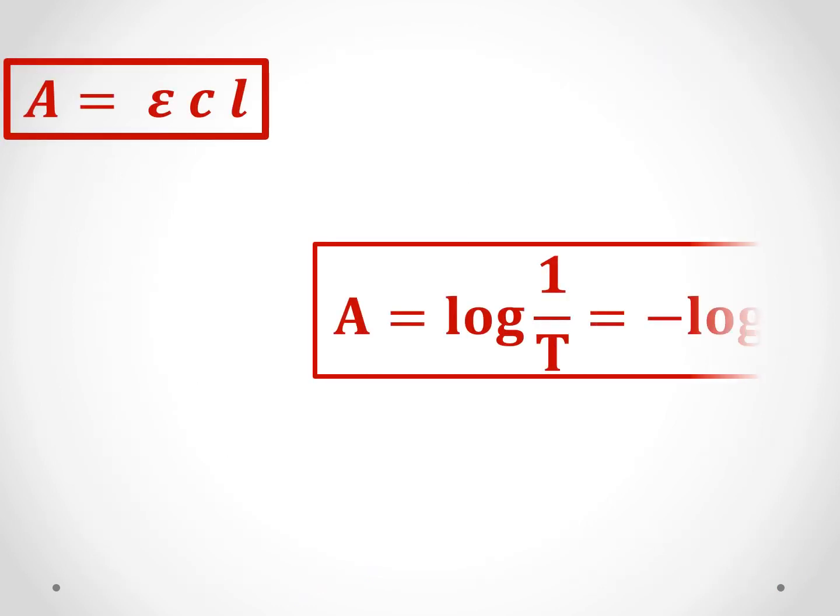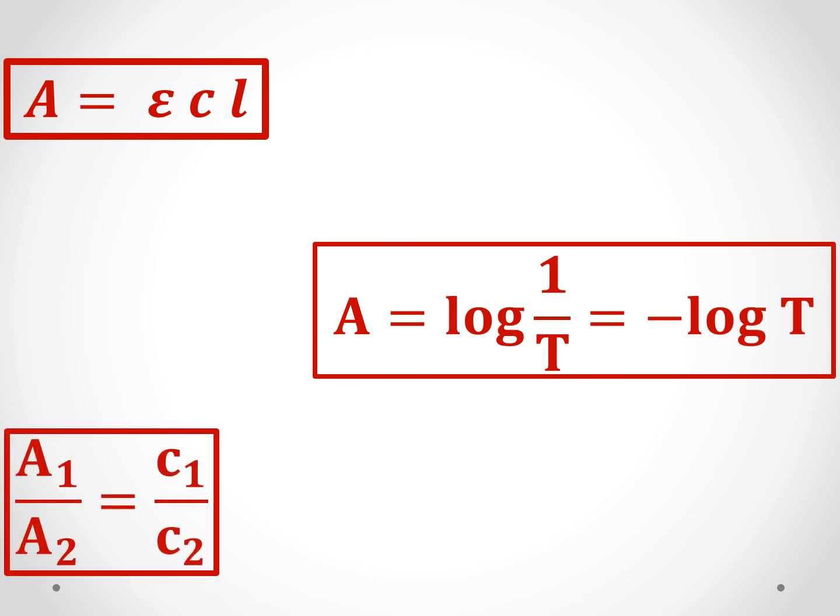So these are the three important mathematical equations. A is equal to epsilon C L, A is equal to minus log T, and A1 by A2 is equal to C1 by C2. We have to do some numerical problems based on these three equations. So we can see some examples.